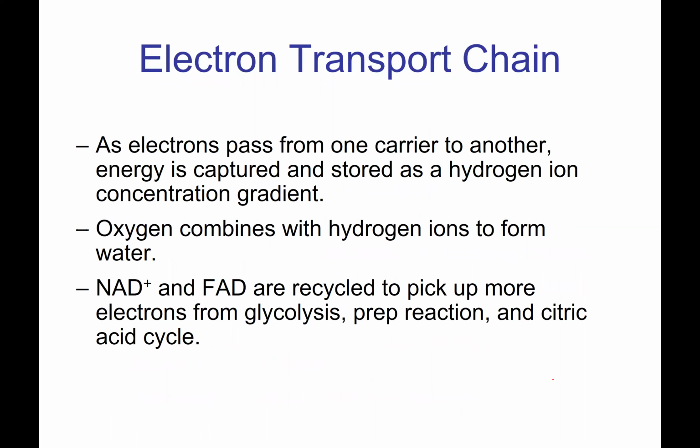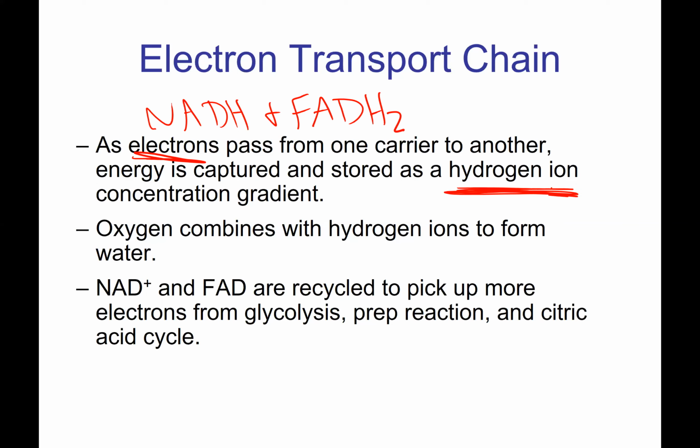So when we have these electrons that we get from our electron carriers, NADH and FADH2, they're going to come in the chain, pass off their electrons, and as energy is stored and transferred, we are going to create a hydrogen ion gradient. So these hydrogens are going to combine with oxygen to form water.